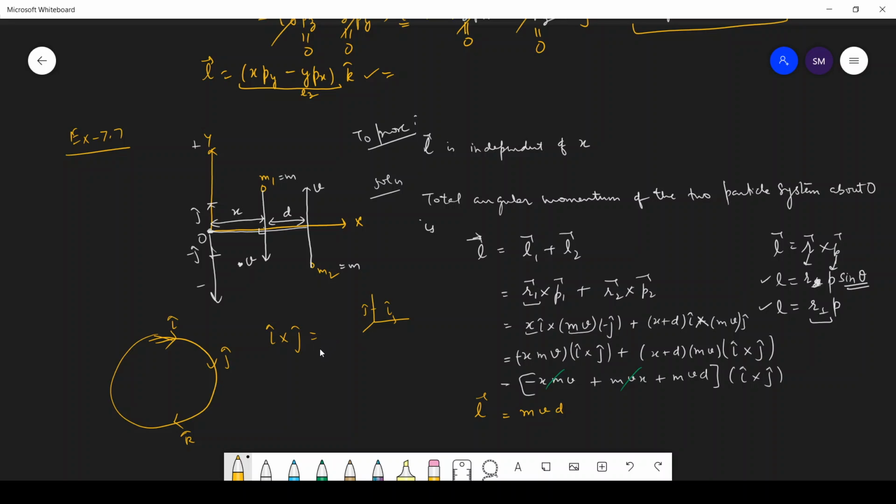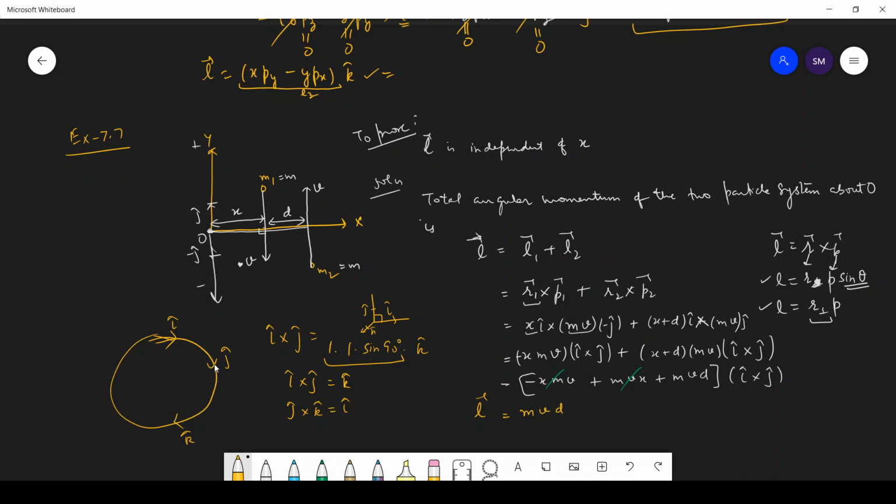The magnitude of i is 1, the magnitude of j is 1, and the sine of the angle between them, the angle being 90 degrees, so sine 90 into the direction of i cap cross j cap, which is perpendicular to this plane, so that is the z axis, so that direction is k cap. So this becomes 1, sine 90 is also 1, so i cap cross j cap is equal to k cap. Similarly, write it in sequence, j cap cross k cap is equal to i cap.